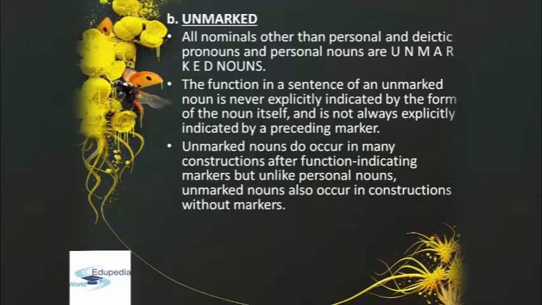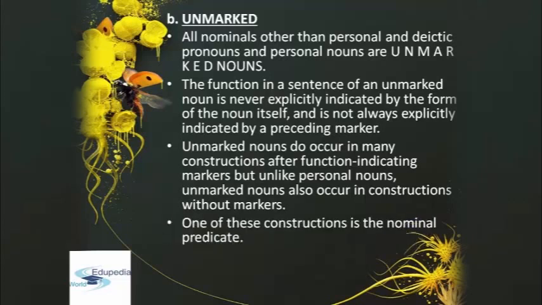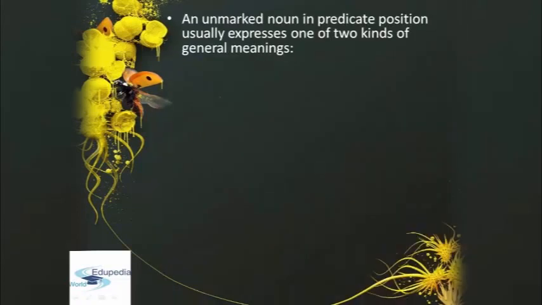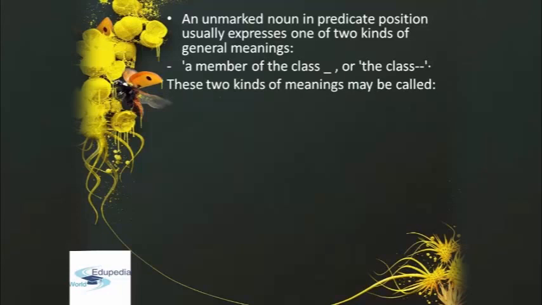Unmarked nouns do occur in many constructions after function indicating markers, but unlike personal nouns, unmarked nouns also occur in constructions without markers. And one of these constructions is the nominal predicate. An unmarked noun in predicate position usually expresses one of two kinds of general meanings. First, we have a member of the class or the class. These two kinds of meaning may be called indefinite.